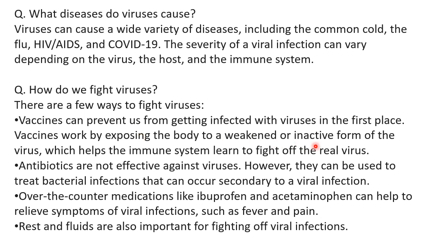That means it is introduced to your body, but it will not cause any infection, or it is made so weak that it is not able to infect, but your body will respond to it. That is how we prepare our body to fight the actual infection of the virus. So that is how vaccines work.